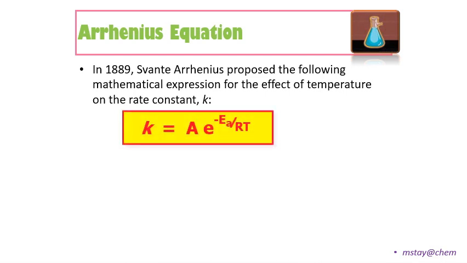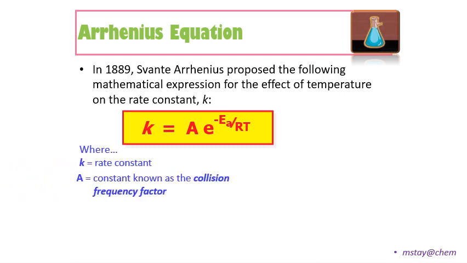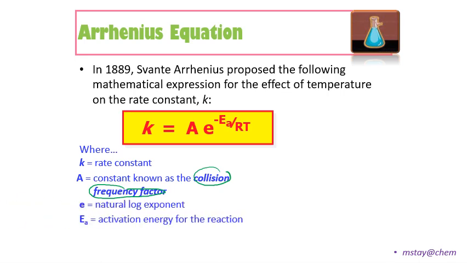So this is the Arrhenius equation. Now let's go through the meaning of each symbol. K stands for rate constant, while A is the constant which we know as the collision frequency factor, E is the natural log exponent, EA refers to activation energy, and R is the universal gas constant, where in this equation we use 8.314 joule per mole per Kelvin, which is different from the one we used in semester 1.